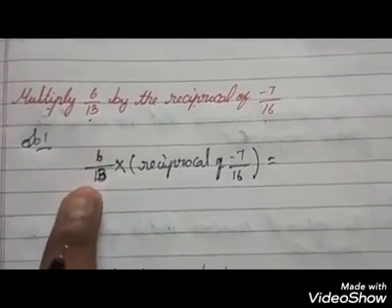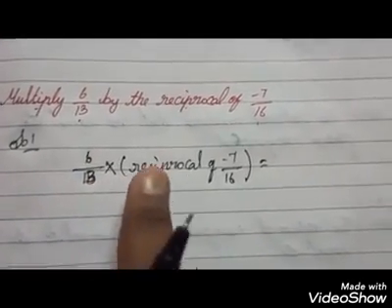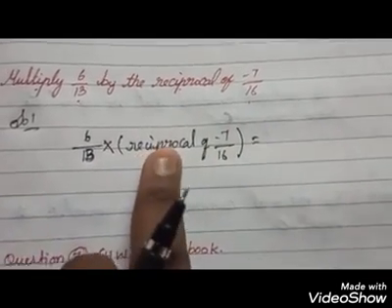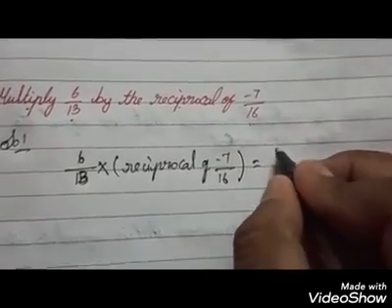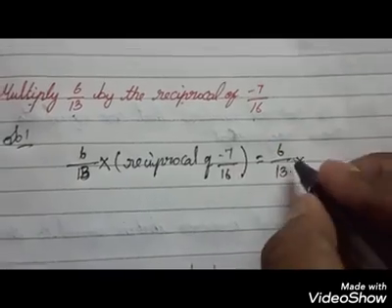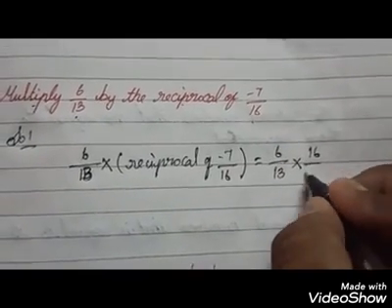You should mention only the reciprocal. So it can be written as 6 by 13 multiplied with the reciprocal, 16 divided by minus 7.